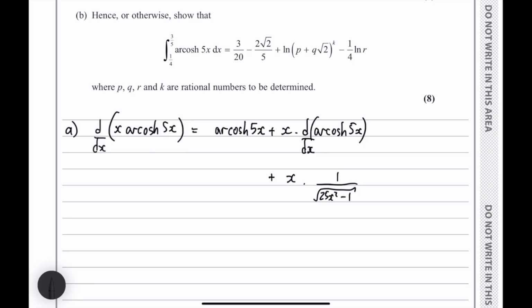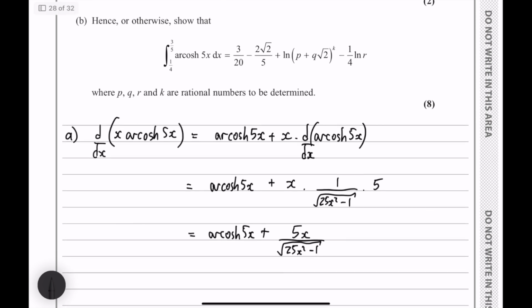And then of course we have to multiply by the derivative of the thing inside the function, which in this case is just a 5. So this is the unsimplified version. Let's just put that together: 5x over square root of 25x squared minus 1. And this is the answer to part A.